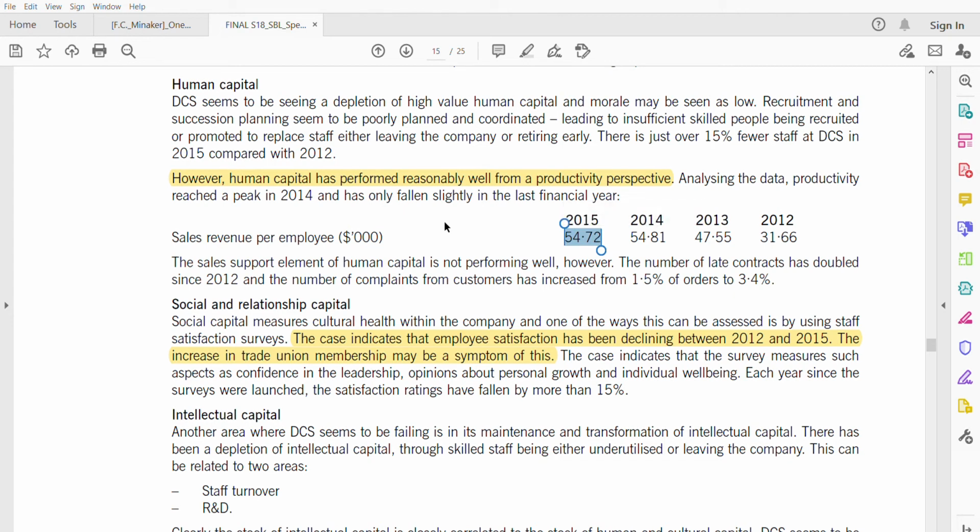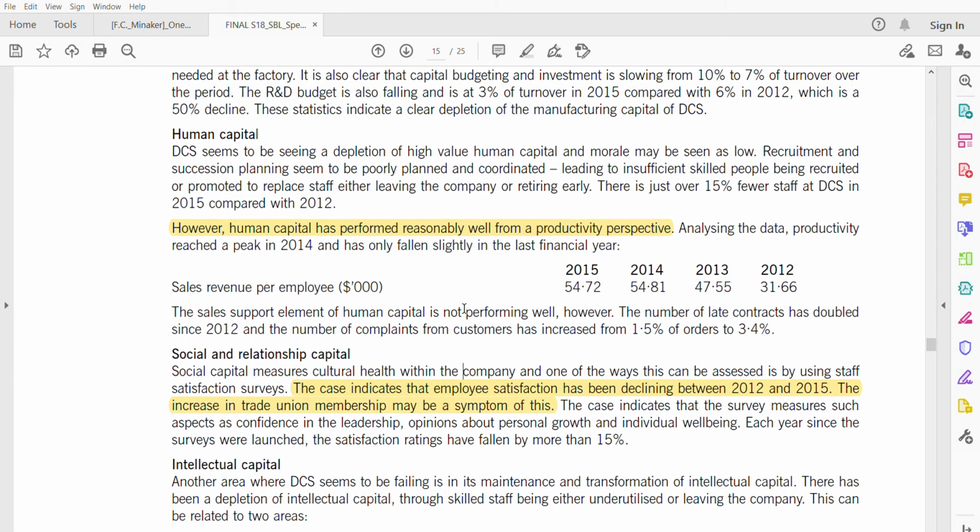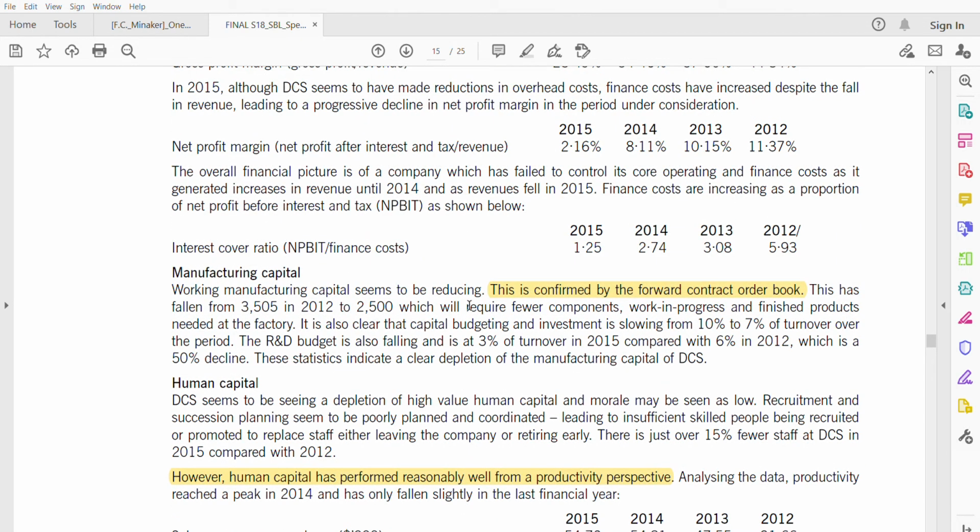We know that 54.72 means 54,720. Or otherwise you can write all the zeros. It's up to you, but I prefer this one because it is very neat and saves time rather than writing all the three zeros all the time and messing up with the zeros. Working with millions of zeros is very tough, trust me.